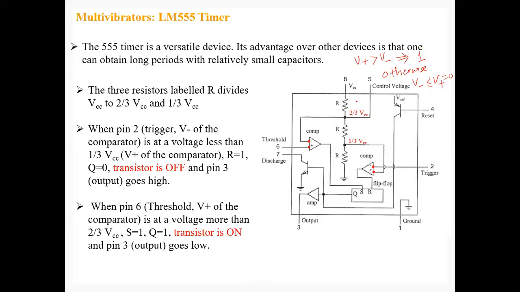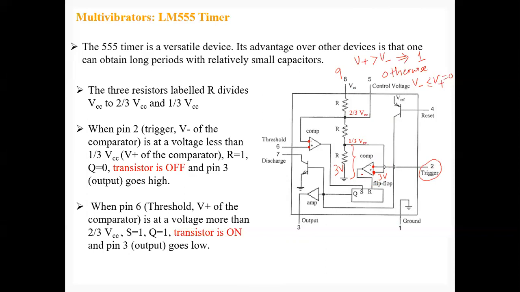Now, if it is 9 volt, so what is the voltage here? 3 volt. Okay. So what is this B plus? B plus is 3. Then if this trigger is less than 3, so what is the output here?